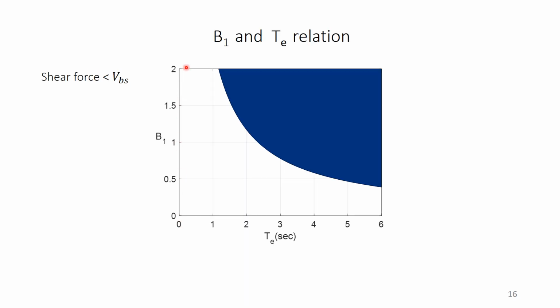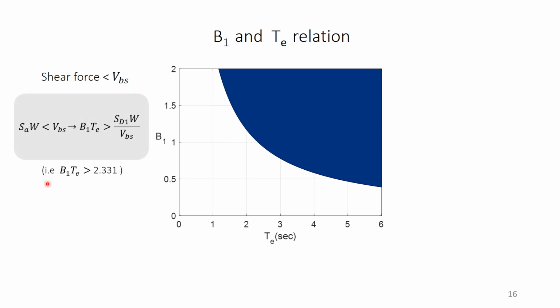So the first design range will be the B1 and TE relation. By our design goals, we can find the conditions and then find our design range. So the first design goal will be that the shear force has to be less than the structure's capacity, EBS.